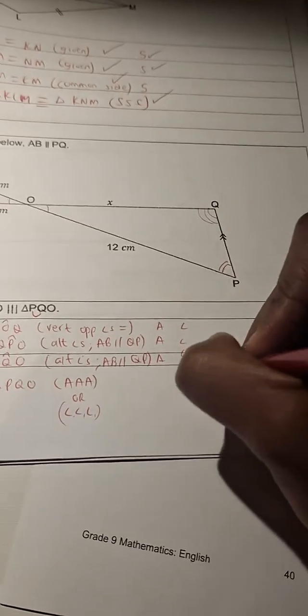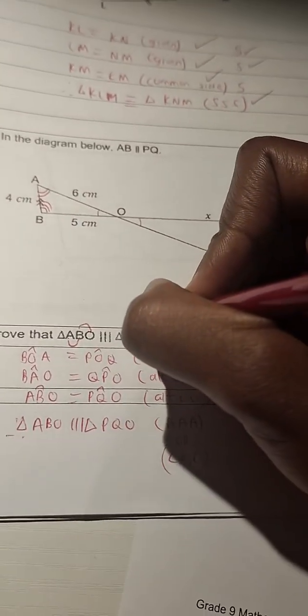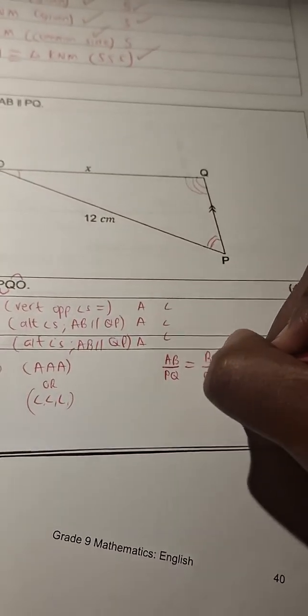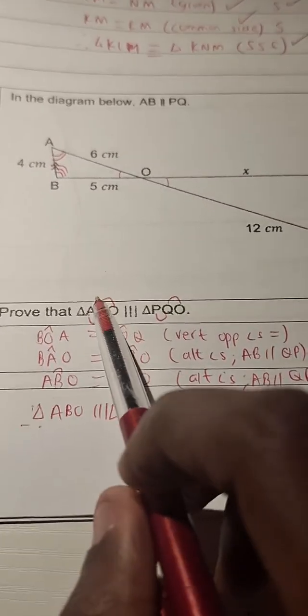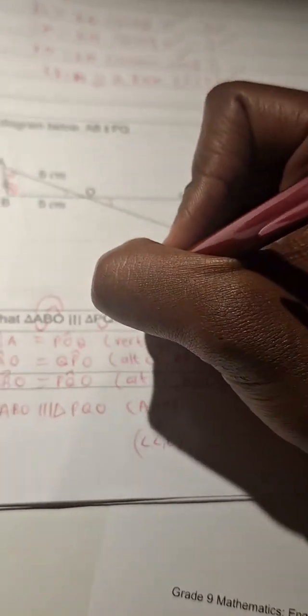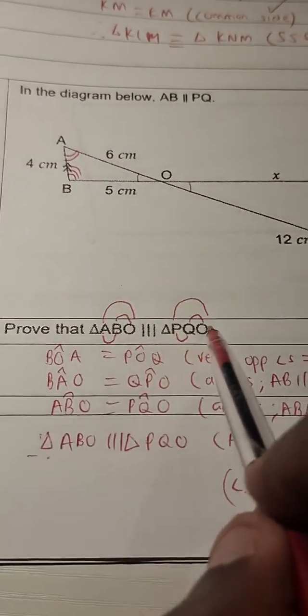Is equal. We'll take BO, the last two, and QO. We'll say BO at the top over QO. Then lastly, the first and the last. AO over PO.